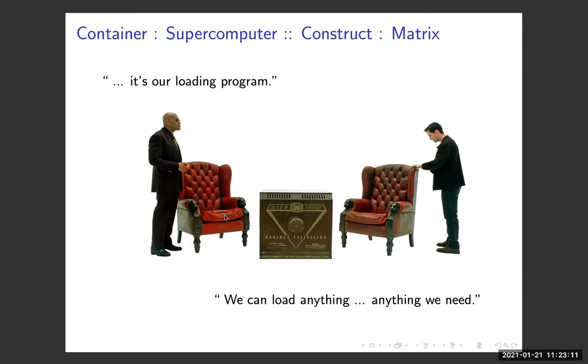So you can think about a container as this kind of loading program. It's where you load all the software you need to run on any HPC system, on any supercomputer, or your laptop, or a cloud virtual machine on, say, AWS. And you can then bring that anywhere you need to go, right?